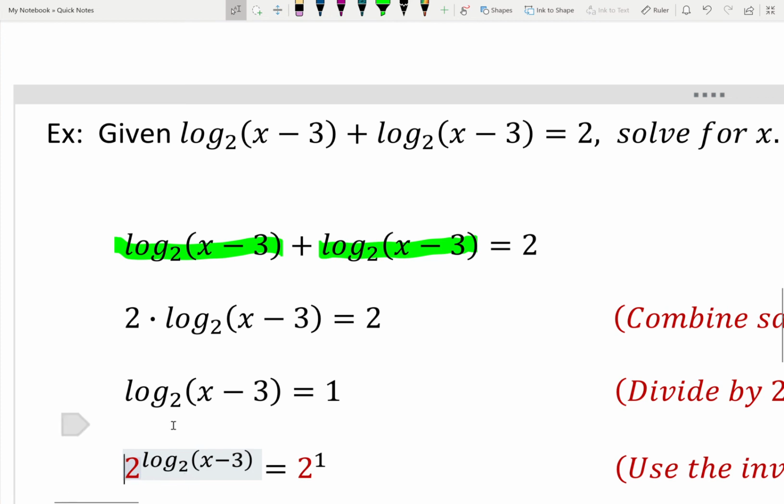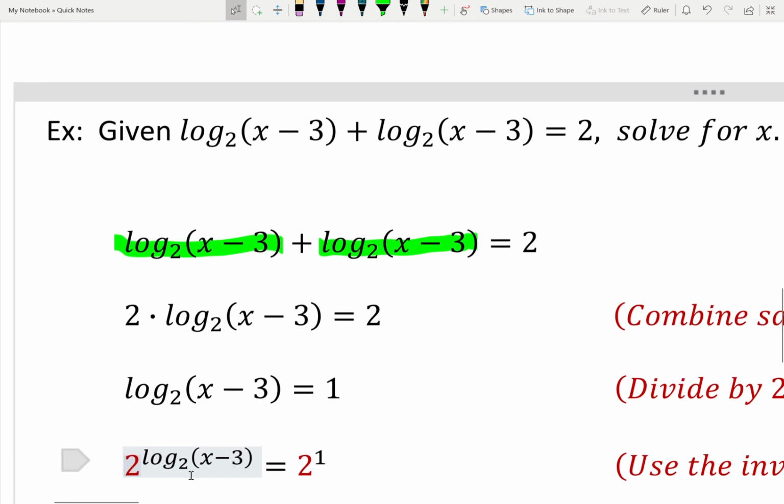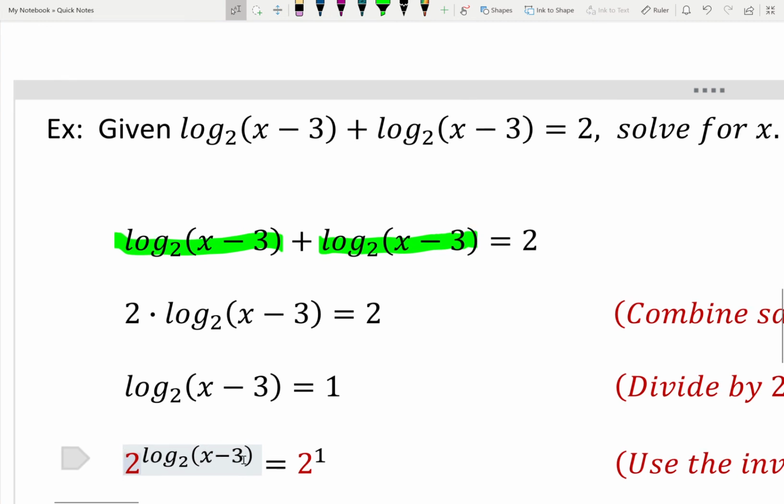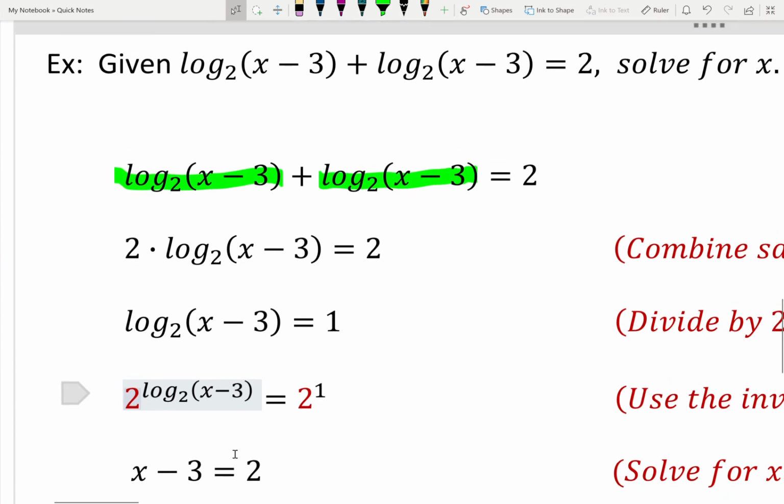I chose 2 because this was log base 2. If I have the same bases, they'll end up canceling out or undoing themselves. So if I put the left-hand side and the right-hand side in the exponent of 2, the left-hand side will simplify. I'm left with whatever is in the parentheses. So I have x minus 3, and 2 to the first power is just 2.